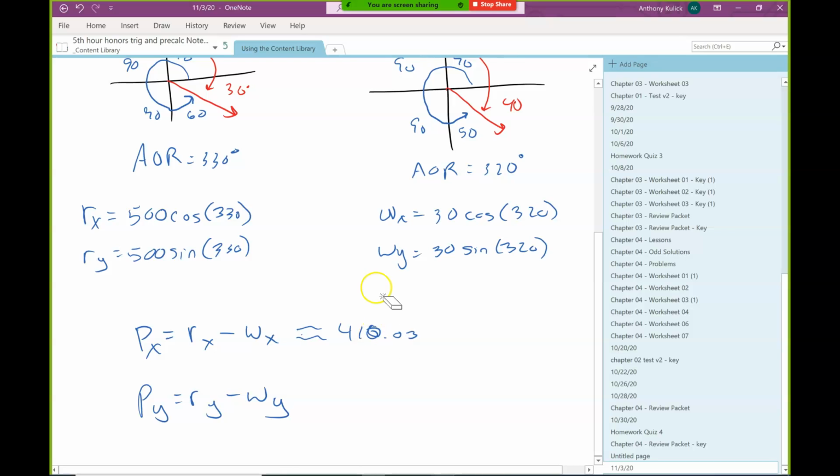So I have 410.03. I have about negative 230.72. So far, so good with that.